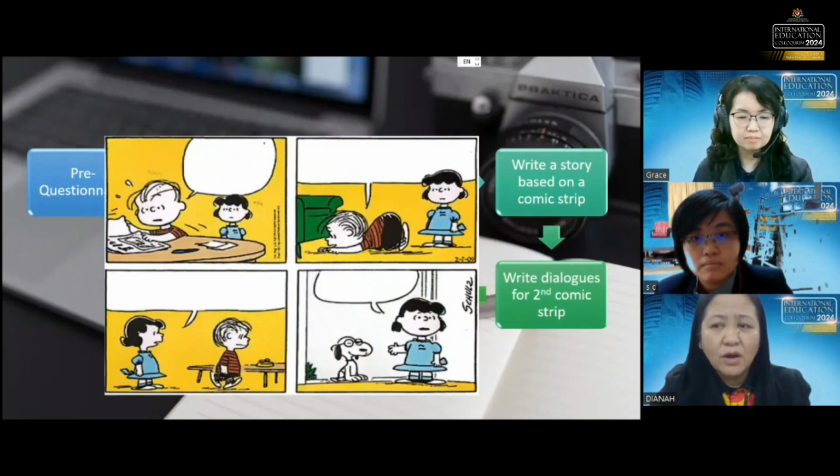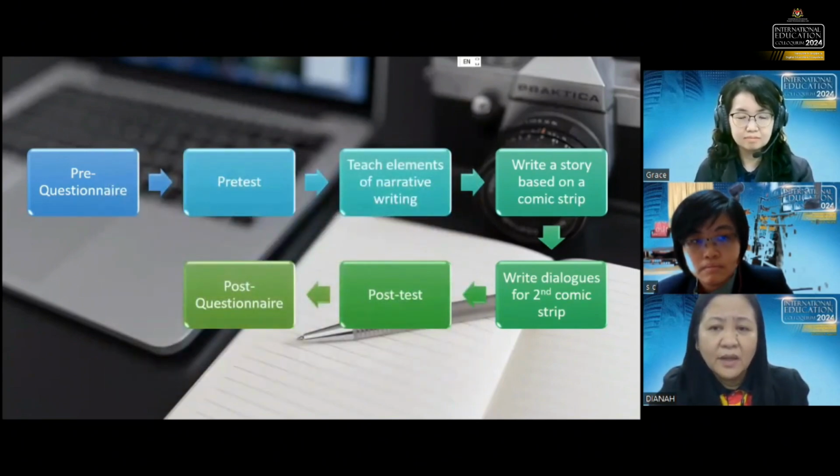In this lesson, comic strips with empty speech bubbles were given for students to come up with their own dialogues. Then, in the last lesson, a post test and post questionnaire were administered.